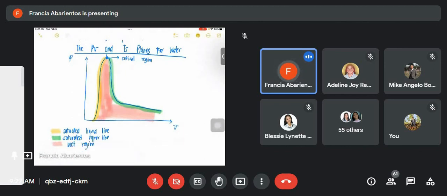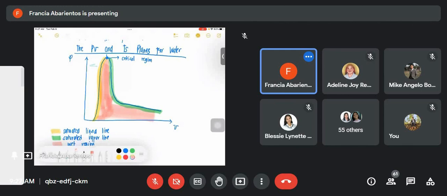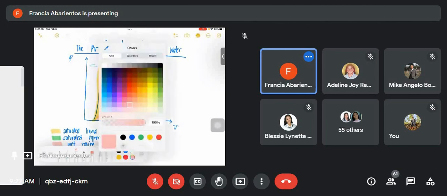So, dyan mo makikita si quality and the percent moisture natin. So, ito class na sa labas, that is now your lighter blue. Ayan.